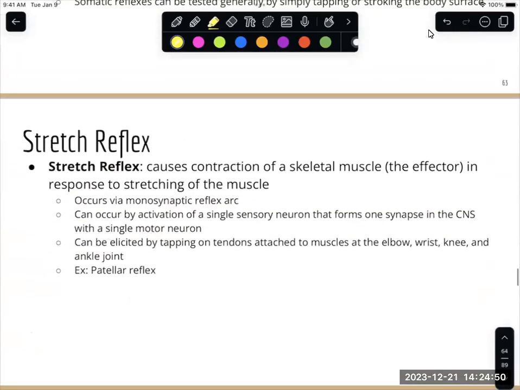So we have this stretch reflex that is found within skeletal muscles, that effector, that response. They are monitoring the stretch of your muscles.